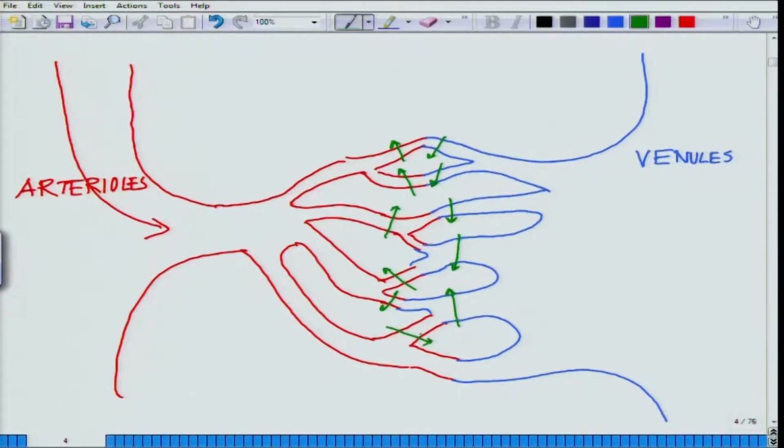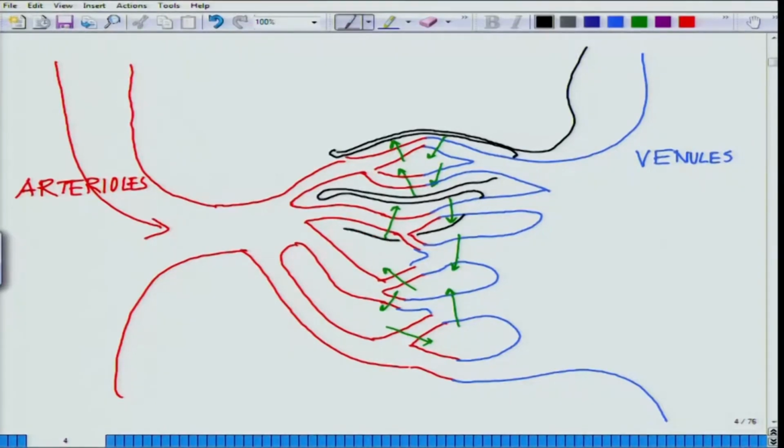At this zone there is a parallel vessel running, and I will represent it in black so that you can distinguish it. This vessel equally has a very, very fine mesh network, and this whole network is a parallel system along with the blood vessel, which is called the lymphatic system.